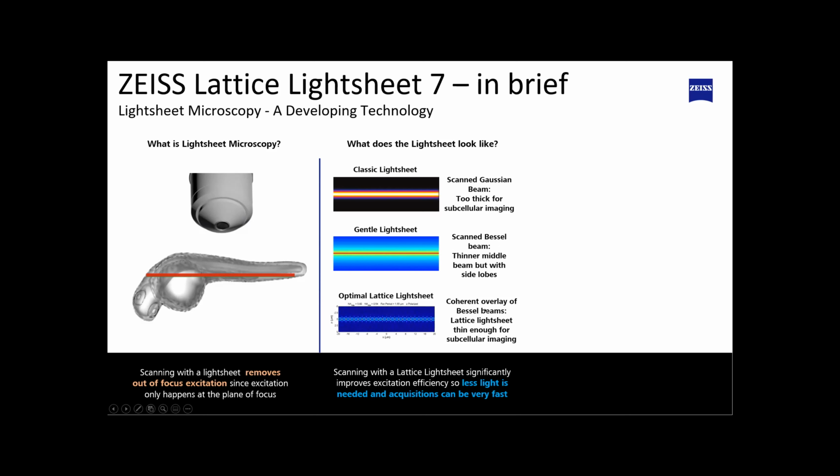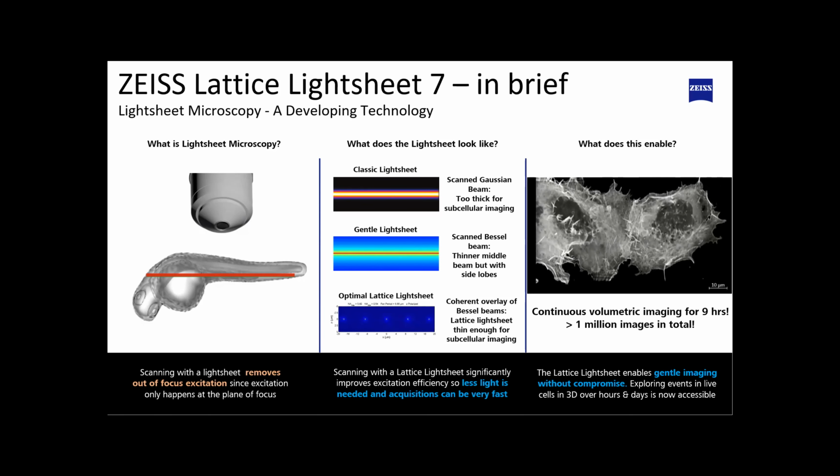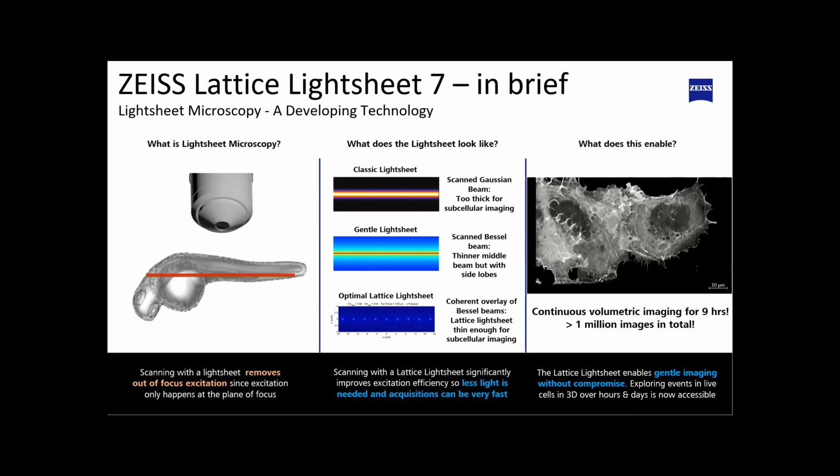In order to create an optical lattice now, you have to coherently overlay these Bessel beams into a lattice light sheet. And this lattice light sheet now allows such thin excitation light sheet creation that it can focus the light in an extremely small area.